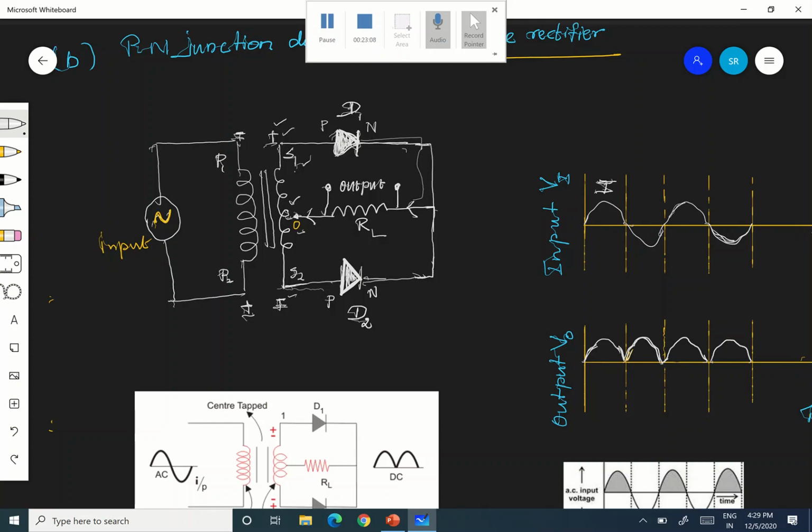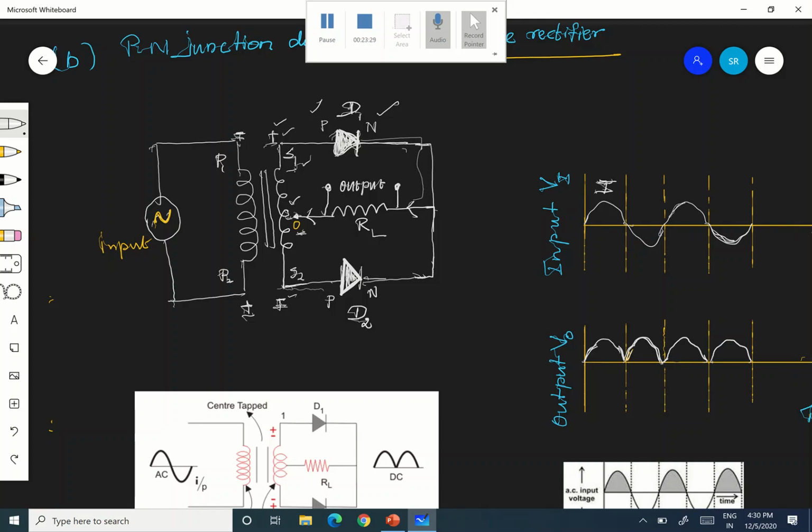P is connected to S1, higher potential, and N is connected to O, which is at lower potential. P is connected to higher potential, N is connected to lower potential, which means it is forward biased.